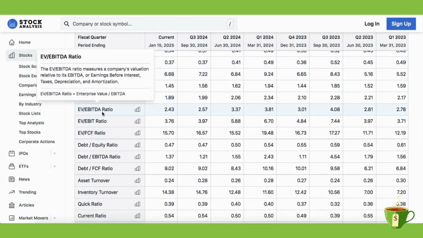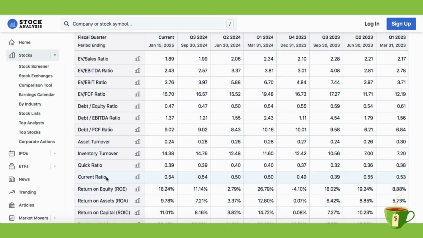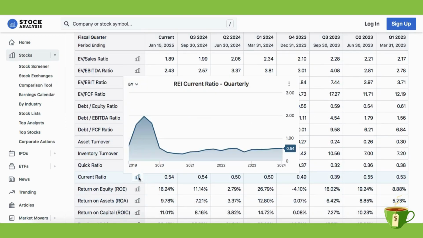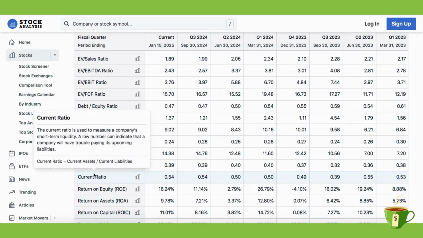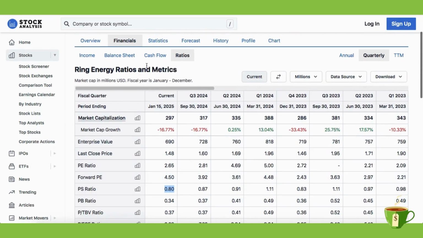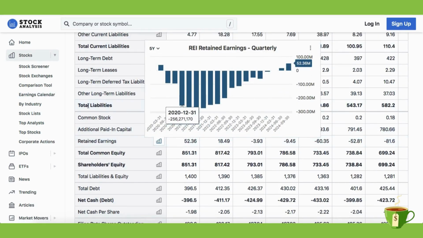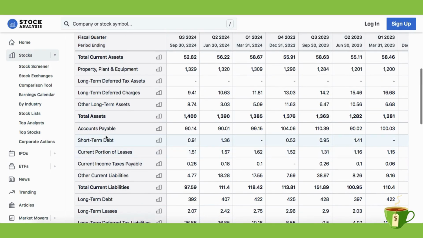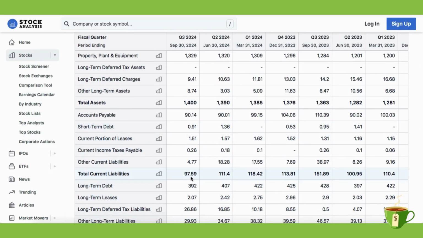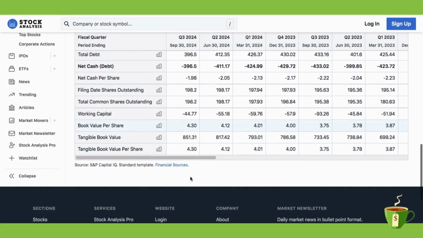So, current ratio. And let's look at their balance sheet. They do have liabilities, but they won't have trouble paying those.